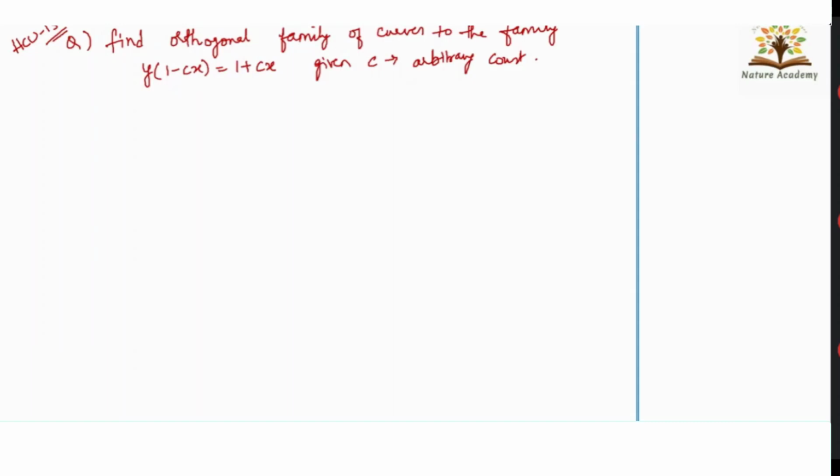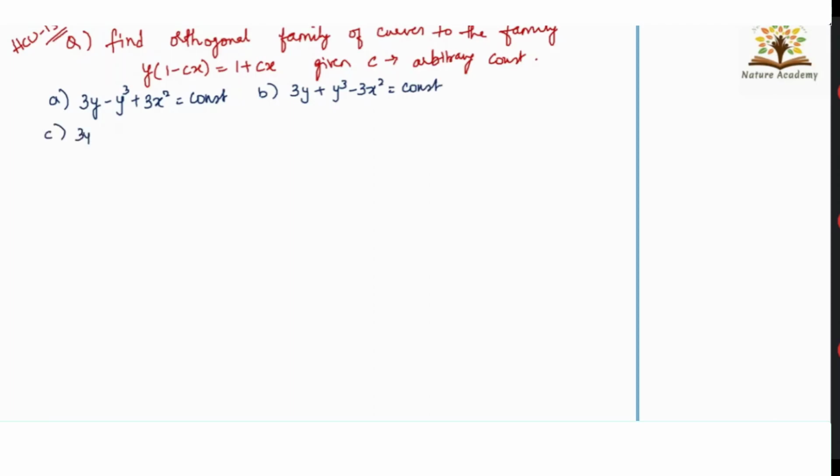I will write the options. Option A is 3y minus y cube plus 3x square is equal to constant. And option B is 3y plus y cube minus 3x square is equal to constant.